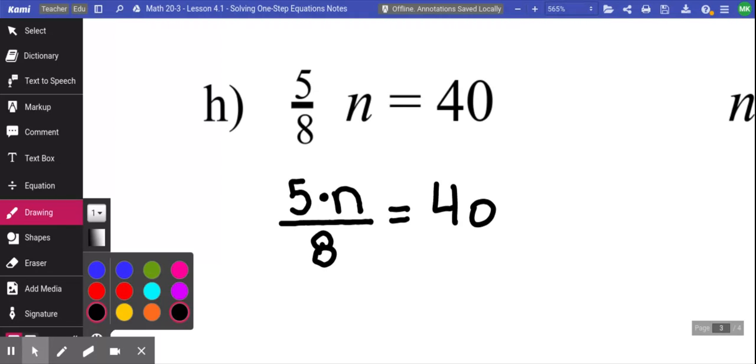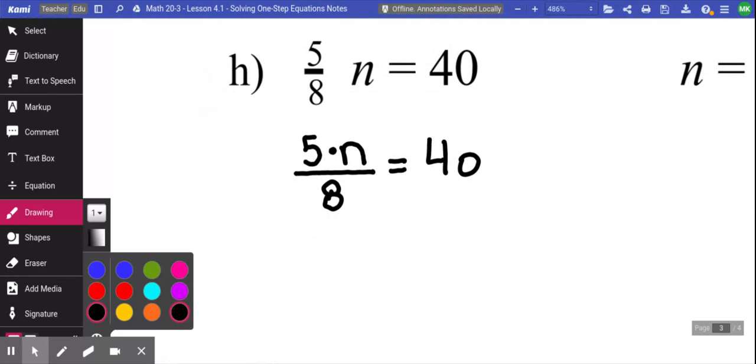So I'll actually do it in 2 steps. I'll show you what I mean. So I change that fraction to be 5 times n divided by 8. I'm going to move the 8 first. The opposite of dividing by 8 would be multiplying by 8. So these 8s will cancel out.